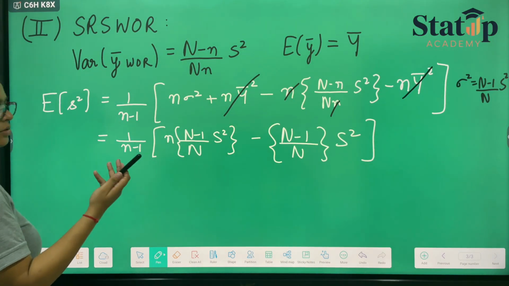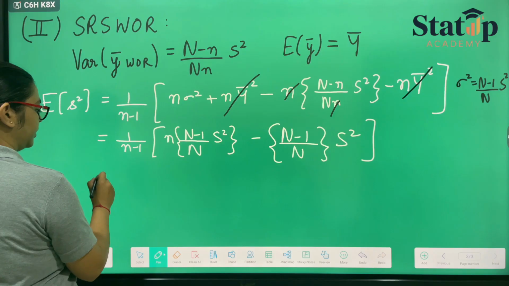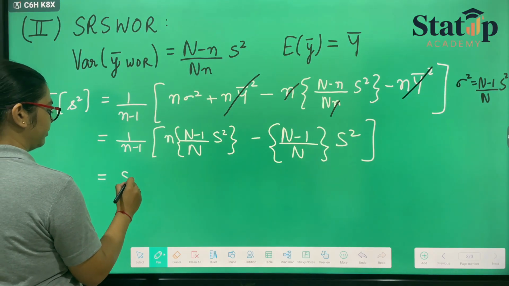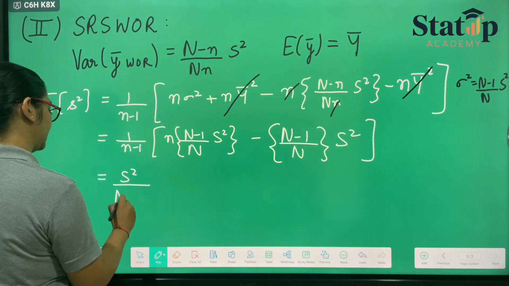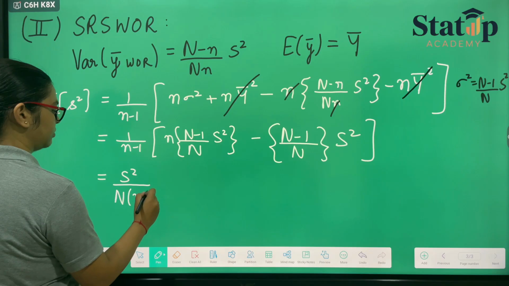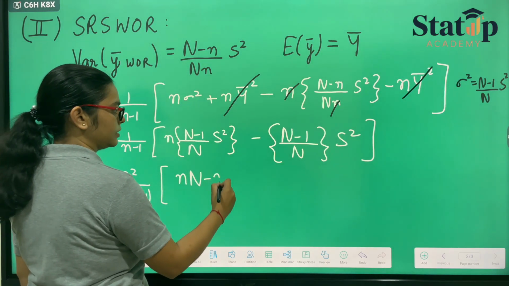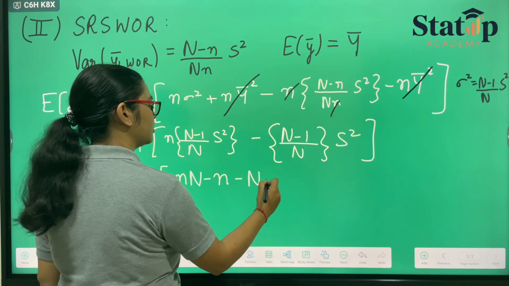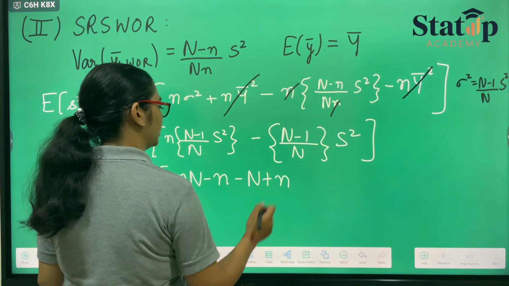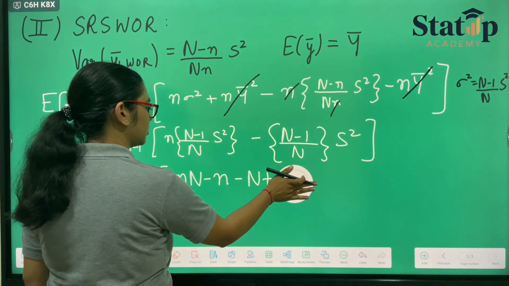So taking S square and capital N out of here, we are left with S square upon capital N into small n minus 1, n capital N minus n plus small.